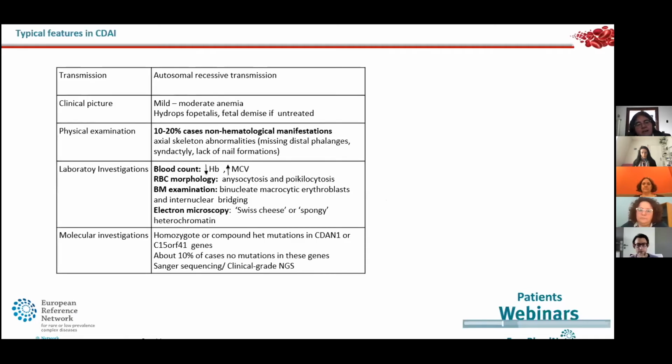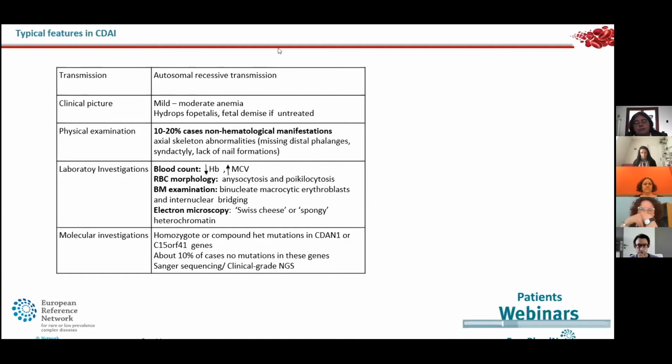But when we have to make the diagnosis, we cannot look only at laboratory parameters, but also at other characteristics. In particular, the transmission, because CDA I and CDA II both have an autosomal recessive transmission.